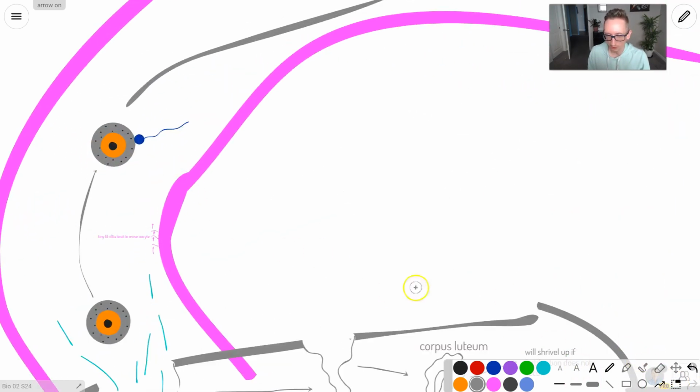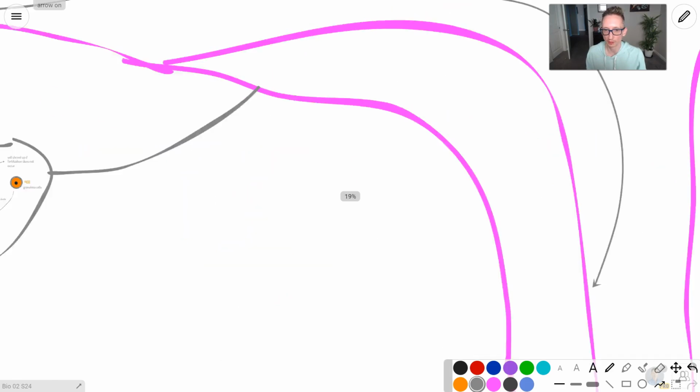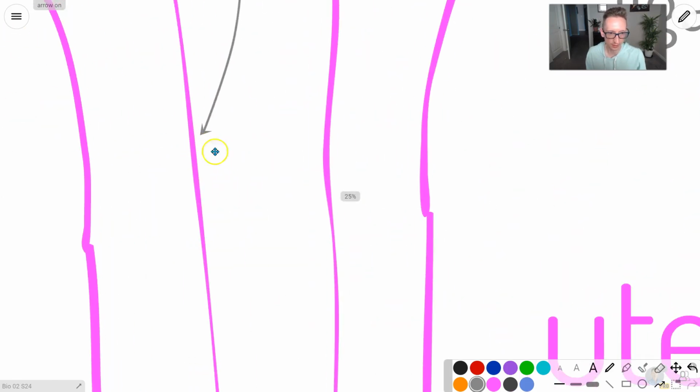And I'm going to draw, I'll take this whole thing, bring them over here, like so, and get rid of that tail, and we'll fuse that in there like that. Boom. Okay. Then this guy implants, so it's kind of actually sucked in underneath a little tissue layer, and then the embryo starts to develop here.